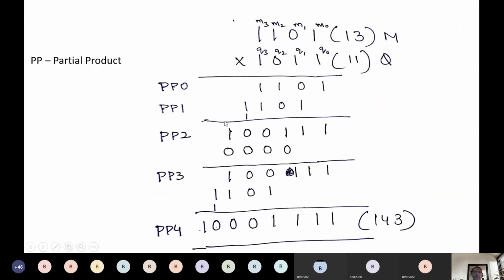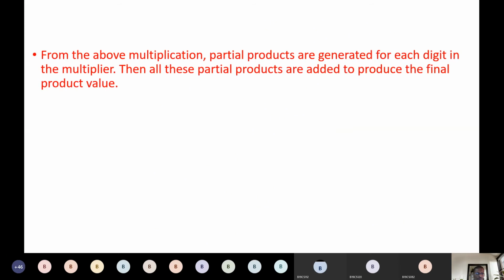The same thing happened here: PP0, PP1, PP2, PP3, PP4. Okay, right. The question is, how do we implement this in hardware? This multiplication, how do we design it in the hardware circuit, that is, in the logic circuits with the gates? Next slide.